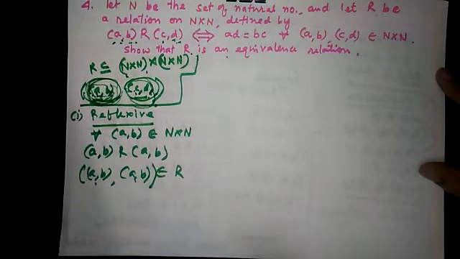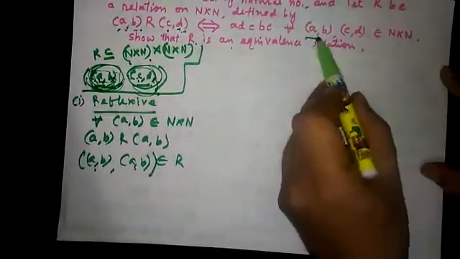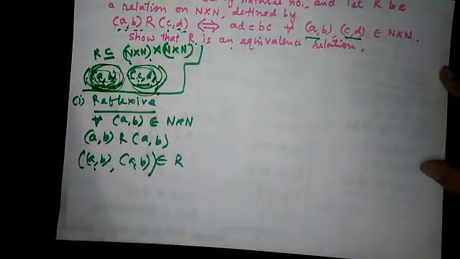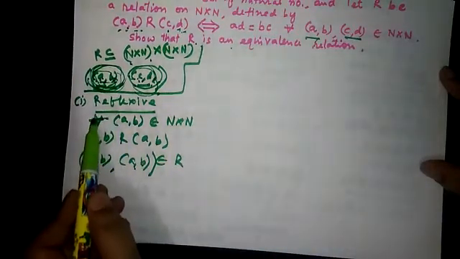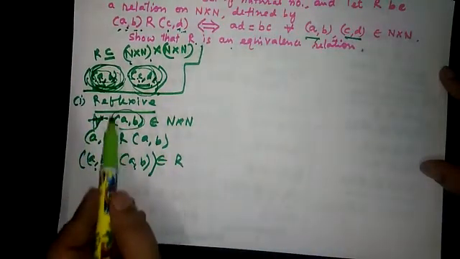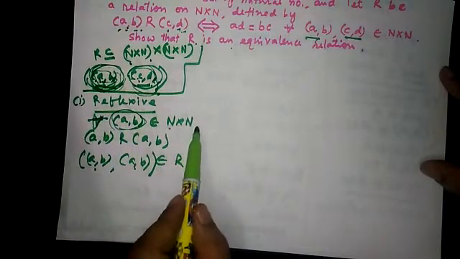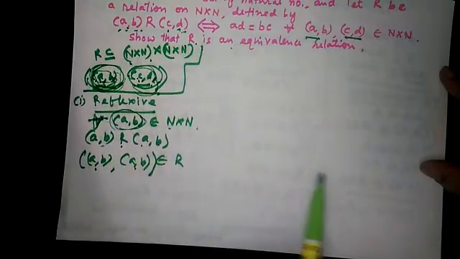Because the elements this time are ordered pairs. So to prove that R is reflexive, we have to prove that for any arbitrary (A,B) belonging to N cross N, AB is related to AB.